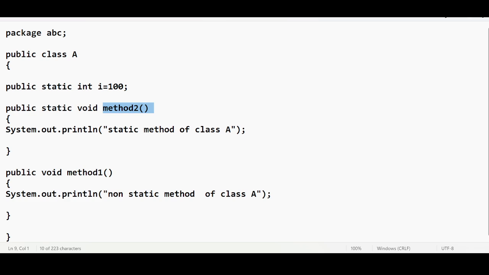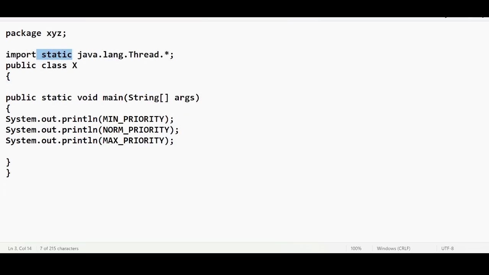The advantage is that readability will be improved, and if you have to call the variables very often, this is beneficial and there will be less verbosity. The advantages will be seen in real-time application development. Over there, when you come across the static keyword, you should not get any confusion. This import is meant for the static variables or static methods.